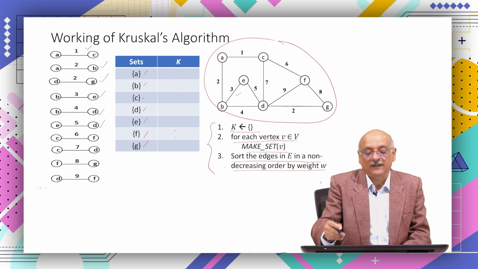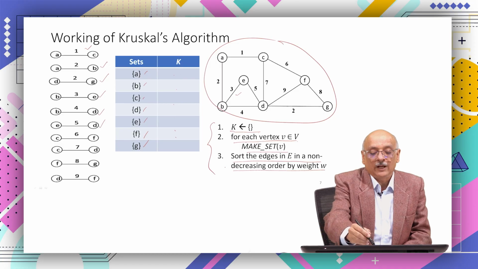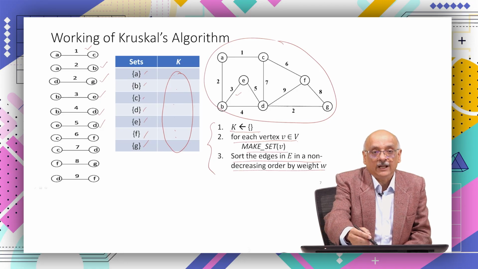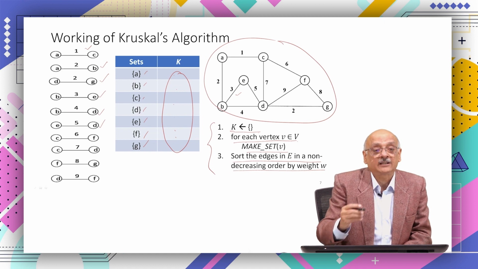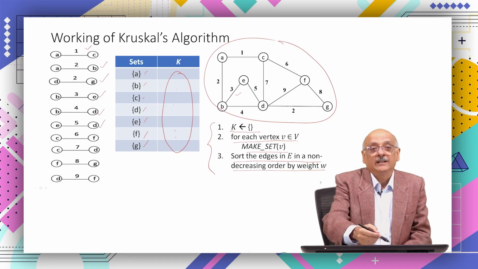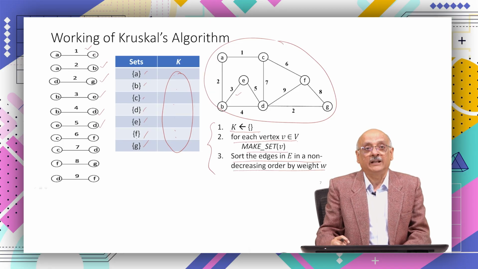So these were the first 3 steps, technically the initialization step, where K has been set to null, a null set having no value, and each vertex has been made a set of vertices. As many vertices as there are, that is the number of sets we have created.